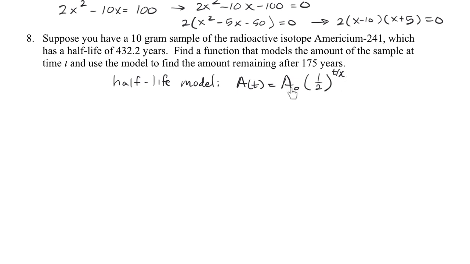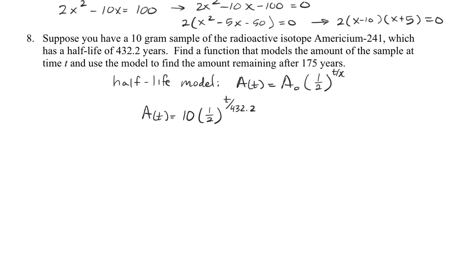A sub 0 is your initial amount, which is 10 grams. So the half-life model we're going to use is the amount at any time t is equal to our initial amount, 10 grams, base of 1/2, with an exponent of t over 432.2.